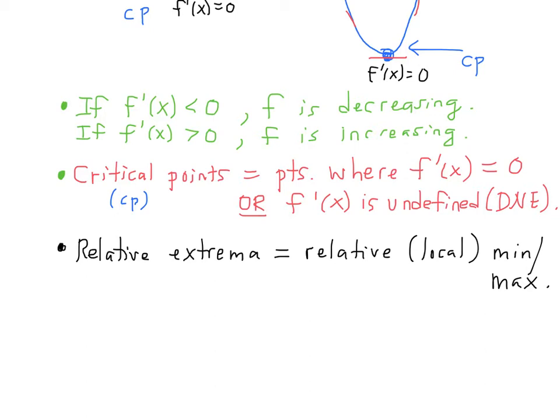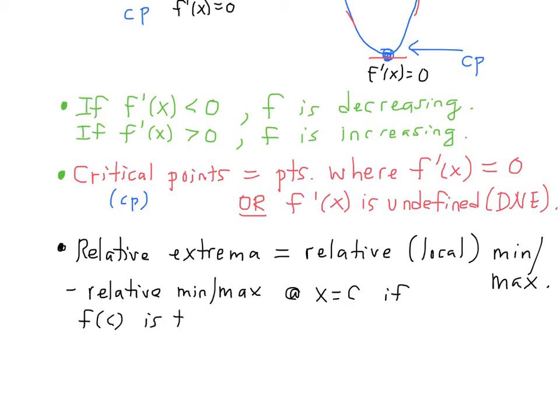Let's use a more formal definition here. So we have a relative min/max at, let's say, x equals c, if f of c is the smallest, or the largest if it's a max, value of f near c.